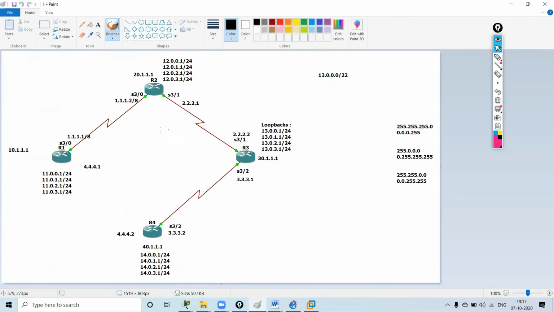Okay, so this is my topology. Now my plan is something like this. Between R1 and R2 with the loopbacks, I'll be running area 10.